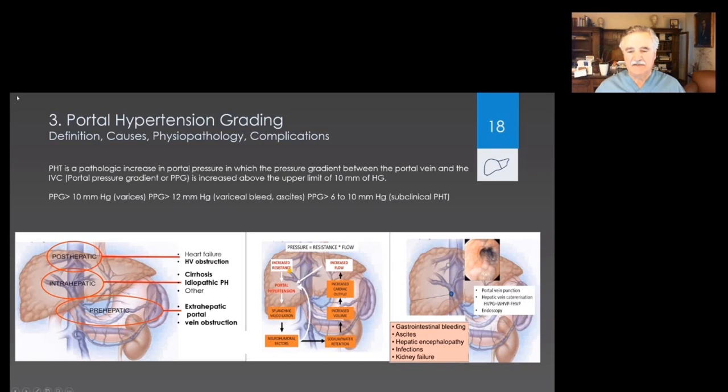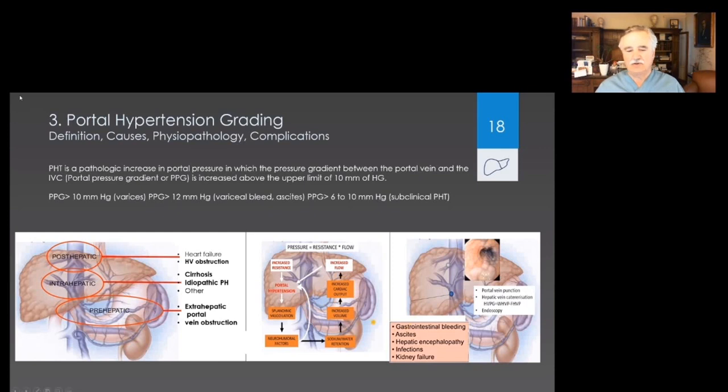There is increased resistance because of the cirrhotic liver. There is a corresponding splanchnic vasodilatation, several pharmaceutical factors, and finally increased cardiac output, making increased flow and making the situation worse.